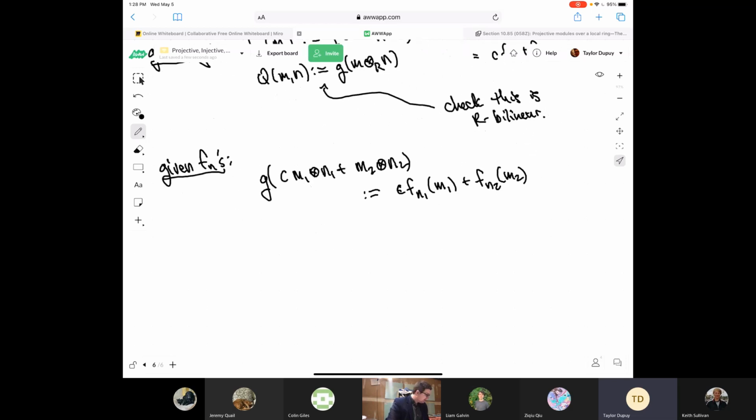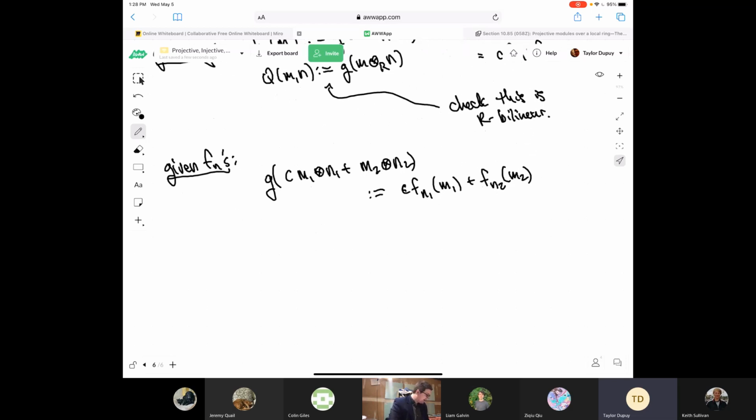Okay. So then how do you define Q of c of M1 plus M2, and let's say d of N1 plus N2? So given the F's, this should just be F of dN1 plus N2 of cM1 plus M2.